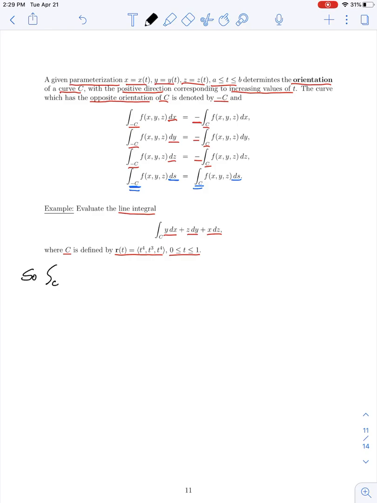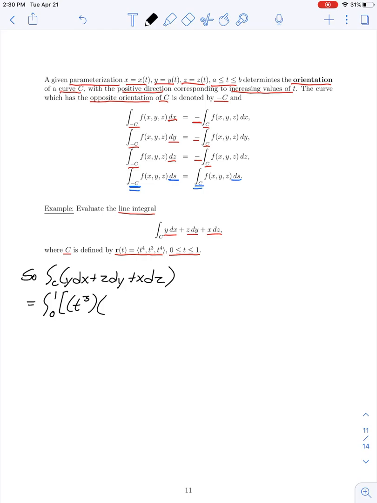To evaluate this line integral over the curve C of y dx plus z dy plus x dz, let's transform this to an integral in the parameter t over the interval from 0 to 1. Here the first part of our integrand was y. Now our y parametric equation for this vector function is t cubed times the differential of x.